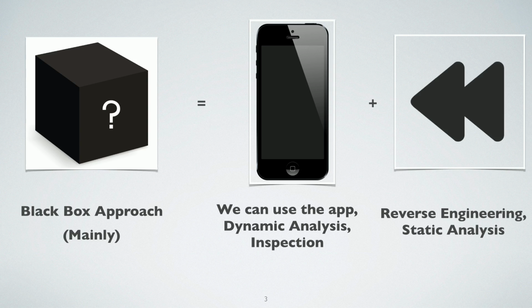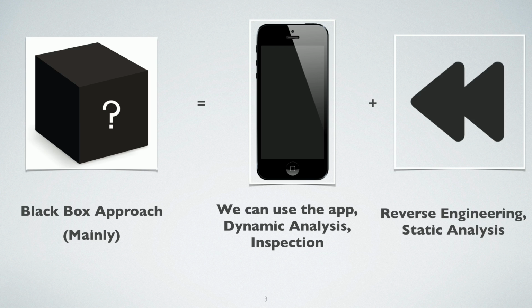How do these kinds of security assessments work? Well, they are mainly a black box approach, which means that we usually don't have access to the source code. So our review usually starts by downloading the application from the App Store or sideloading it from the developer to our devices in order to test it.